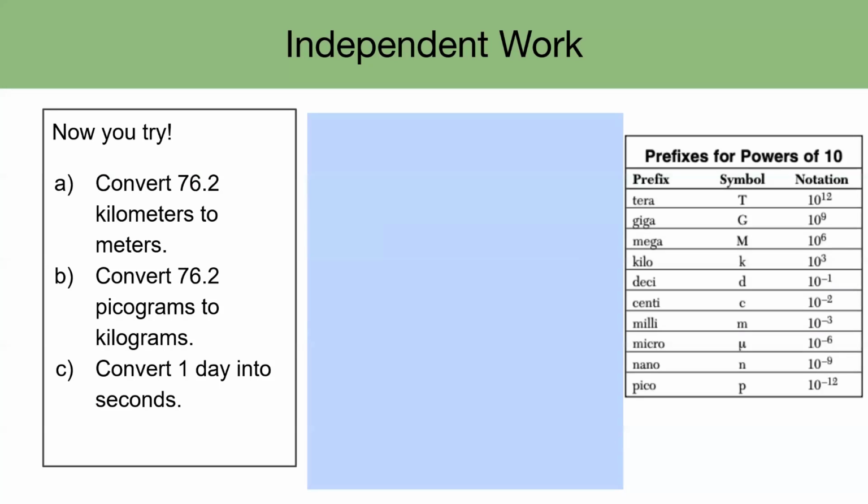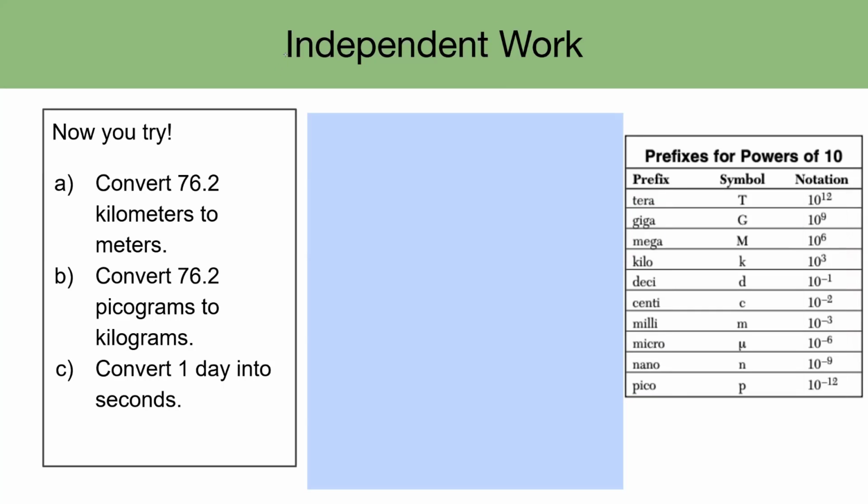And what we're mainly going to be working with are the prefixes that Mr. Mono went over in his lecture. Over here, you can see that we have all of them listed out, as well as their scientific notation that goes with them. And what you're going to do with unit conversions is take whatever number is in the question, and then put a fraction next to it.